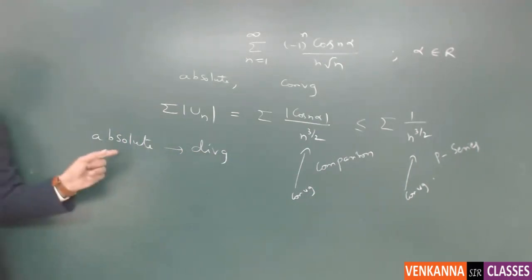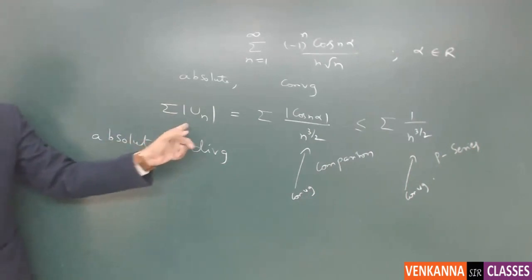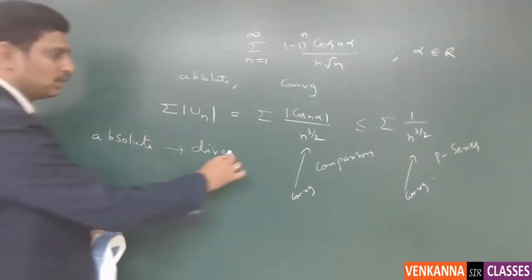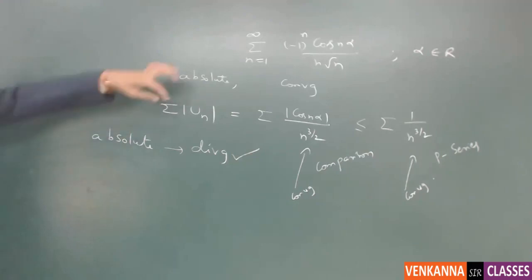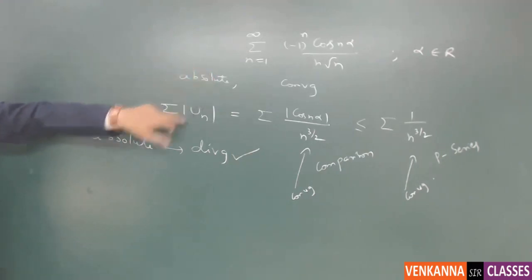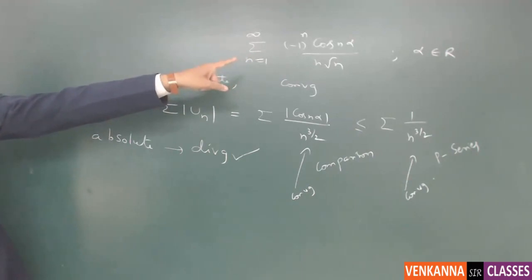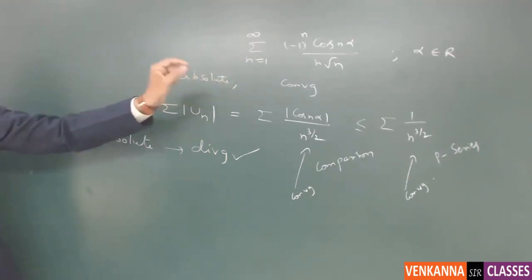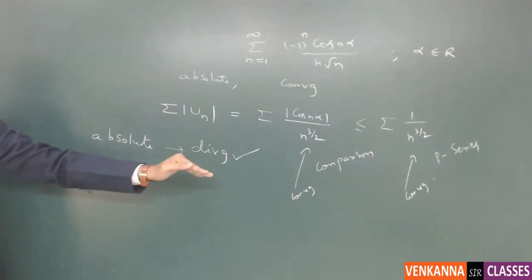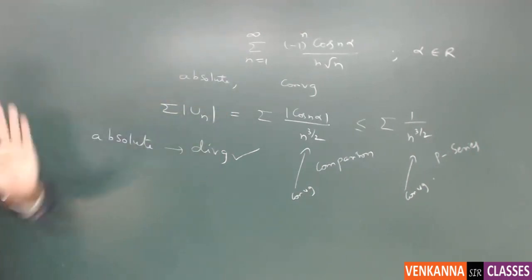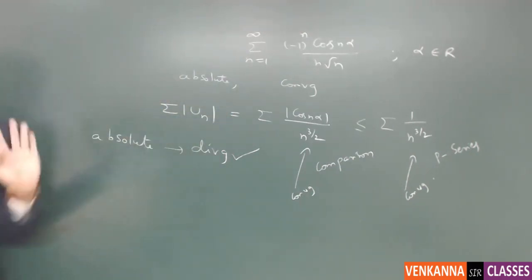So if you put modulus and it is divergent, and you remove modulus, it is nothing but the alternating series, right? So you will apply the regular procedure of alternating series and verify its convergence by means of Leibniz test.